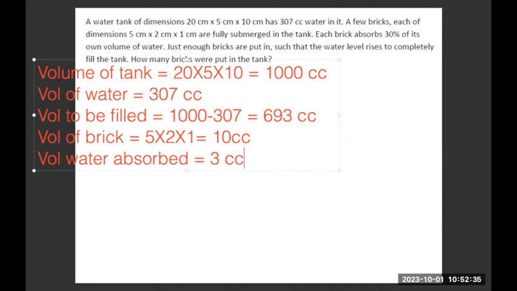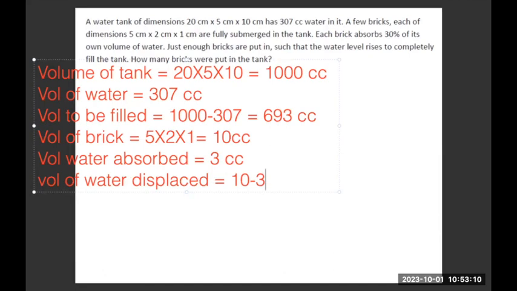Now we know that if I'm adding one brick in the tank, which will occupy a volume of 10 cc, and 3 cc it is absorbing, the volume of water displaced will be equal to 10 minus 3, because 10 is the total volume of the brick.